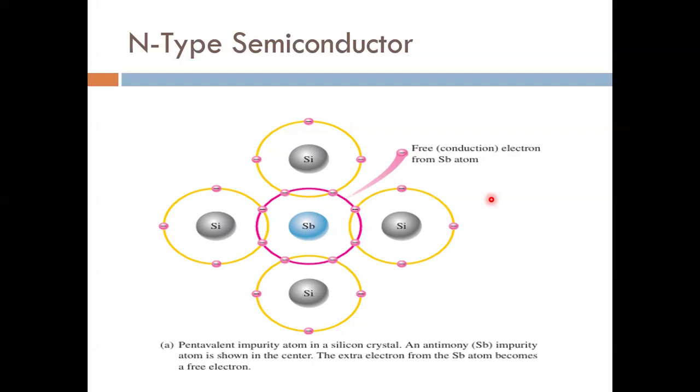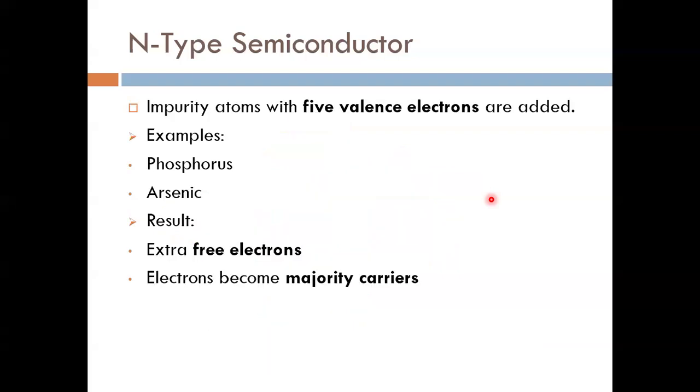Because electron has negative charge, this type of material will be treated as N-type semiconductor. So as a result, extra free electrons, and electrons become majority carriers.